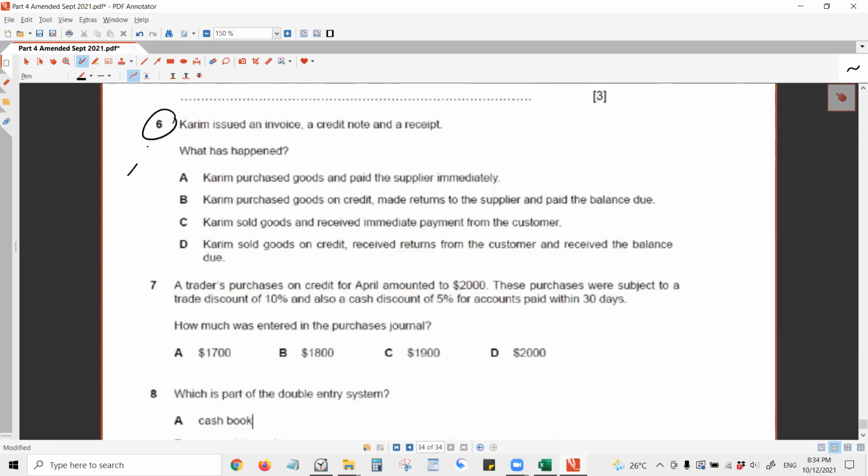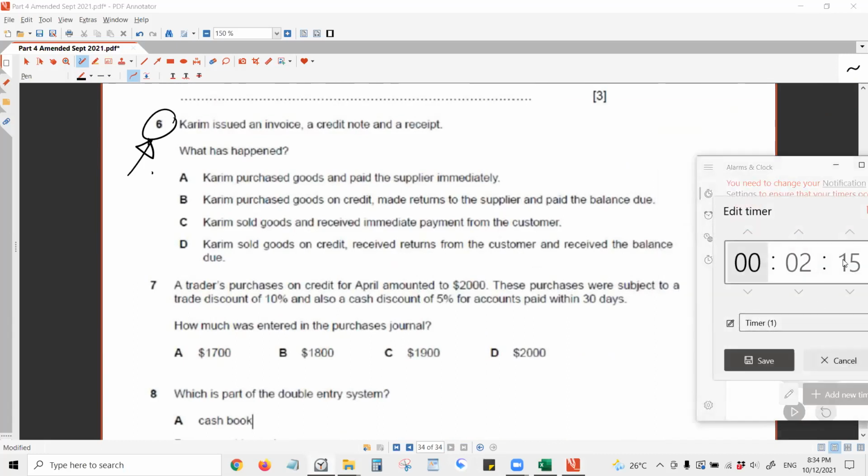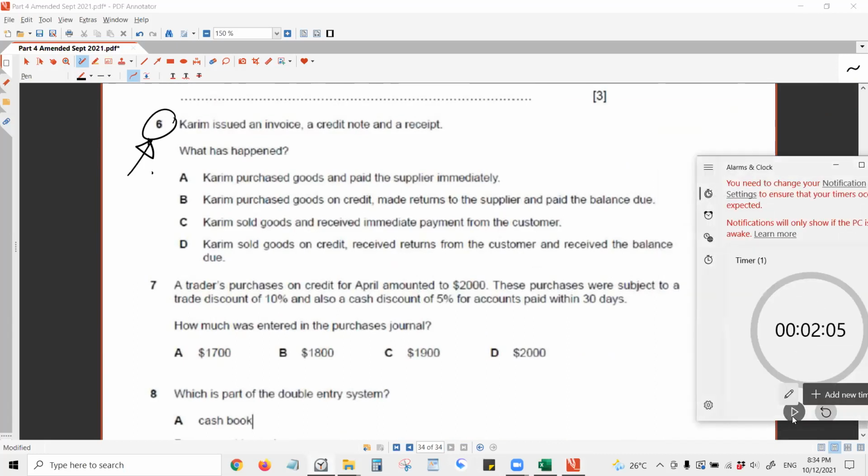Next, you go to the next page. Look at number 6. Then you give me an answer. This one, I give you the standard 2 minutes time. Extra 5 seconds. Okay, can begin.